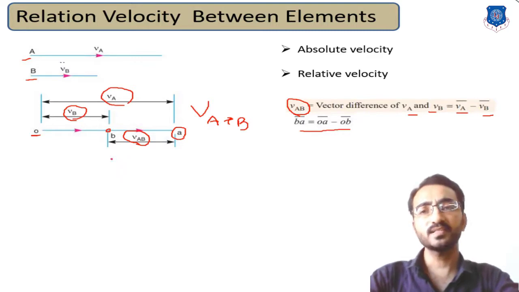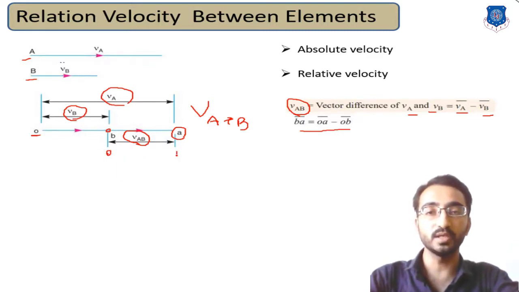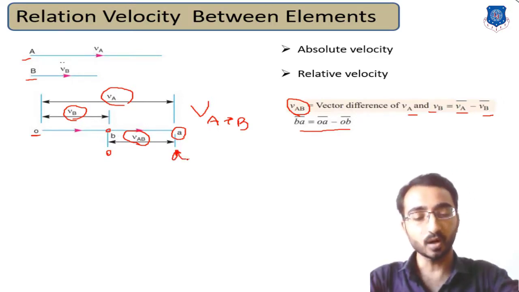Now, if a person wants to calculate the velocity of point B with reference to A, then it is also possible, because we can calculate in the counter direction also.